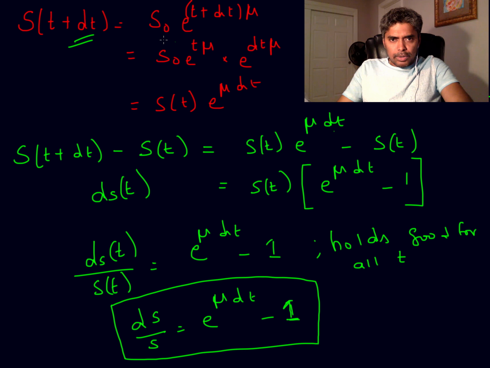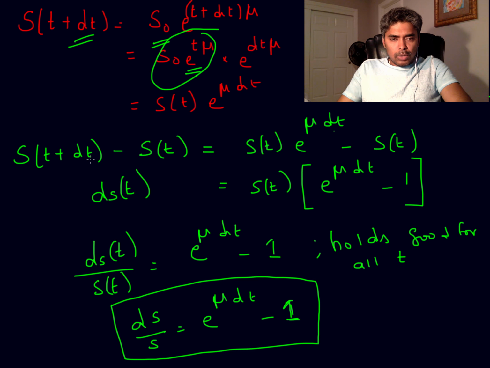By just applying the previous formula, the value of the investment after this duration t plus delta t is going to be S0 times e to the power mu times (t plus delta t). We can just split the exponential term, and then it becomes S of t times e to the power mu delta t.